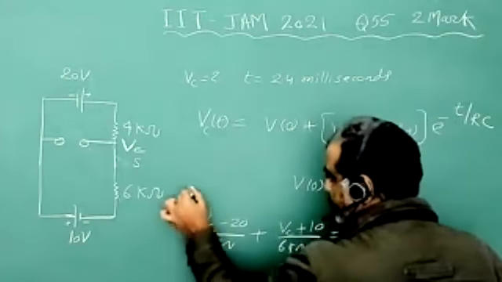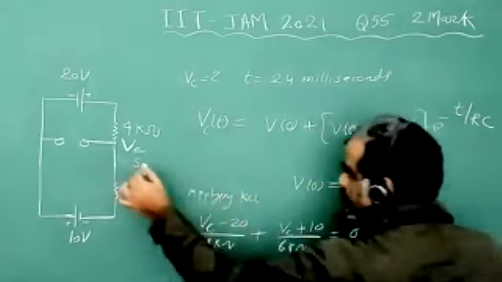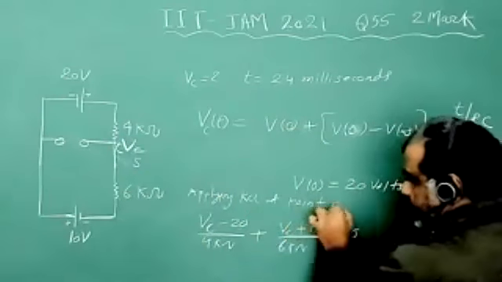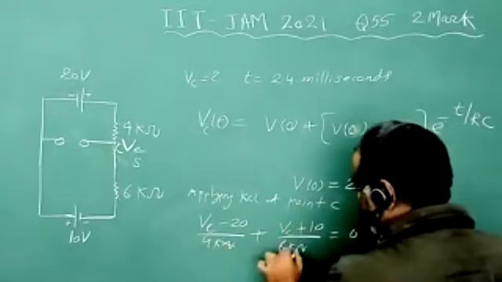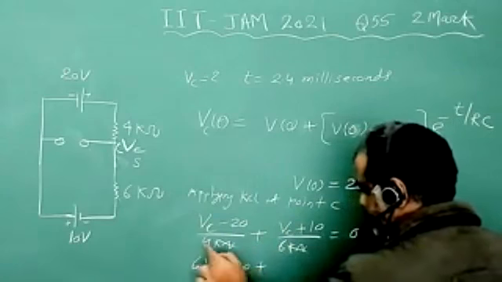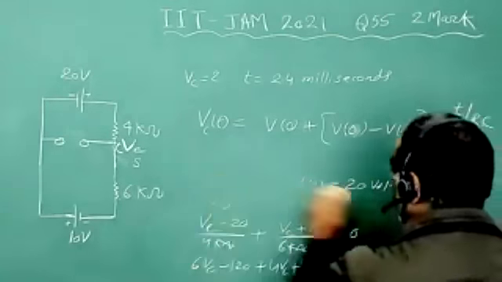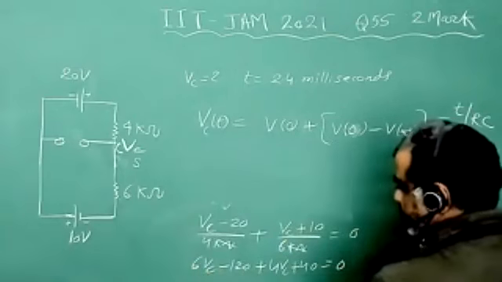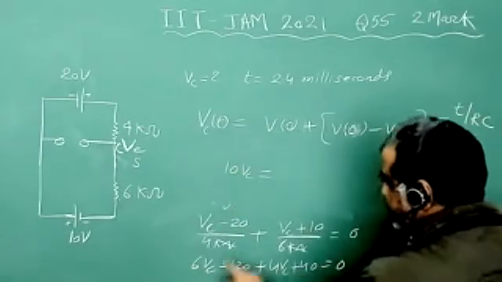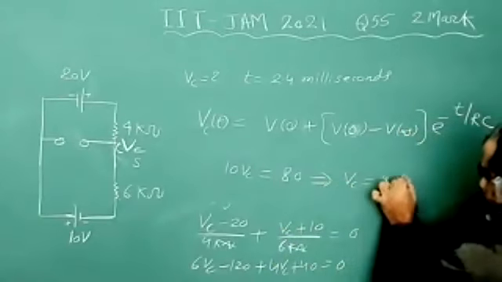I'm applying KCL at this point C. If I solve this, the kilo ohms cancel. This gives me 6 VC minus 120 plus 4 VC plus 40 equals 0. Solving again, 10 VC equals 120 minus 40, which is 80. So this implies VC equals 8 volts.